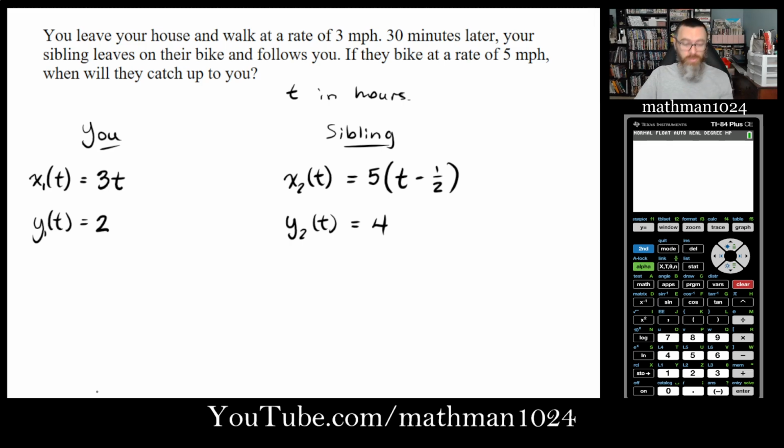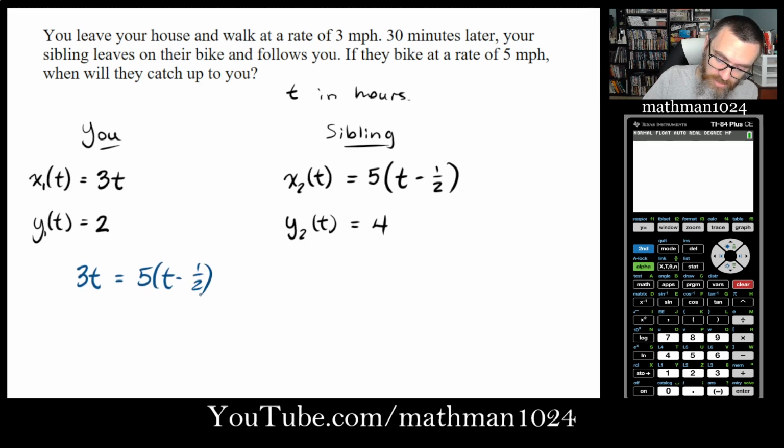Now we can compare these two and see what their graphs look like. We can definitely take this as algebra and figure out when they will meet, meaning when their distances from home are the same. In other words, if I take 3t and set that equal to 5 times t minus 1/2, the algebra would be 5t minus 5 halves.